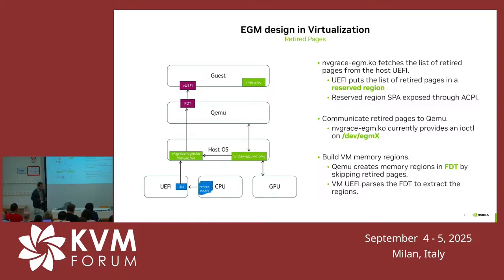Then within QEMU, it makes a note of all these retired pages, and it uses the FDT to create memory regions, skipping all these retired pages so that they are not visible. So when the VM boots up, the UFI discovers all these memory regions and skips the retired pages out of it.